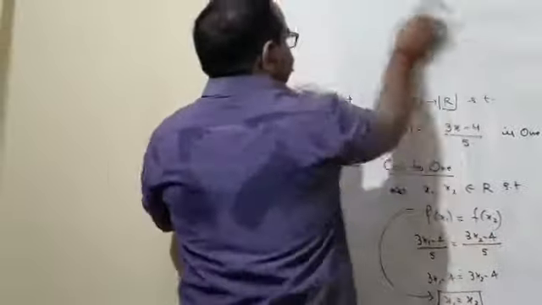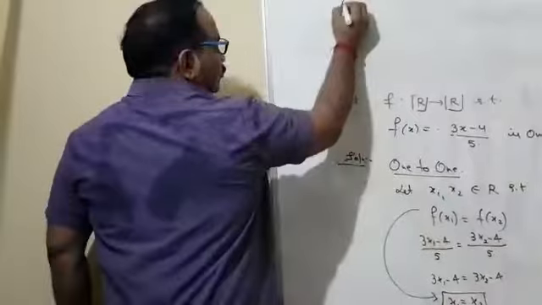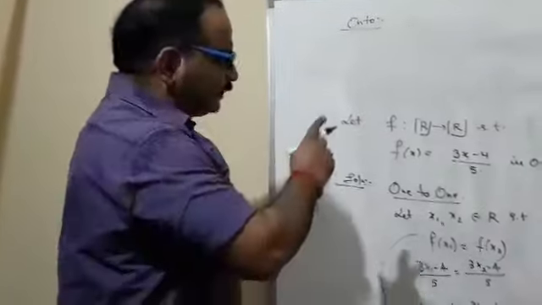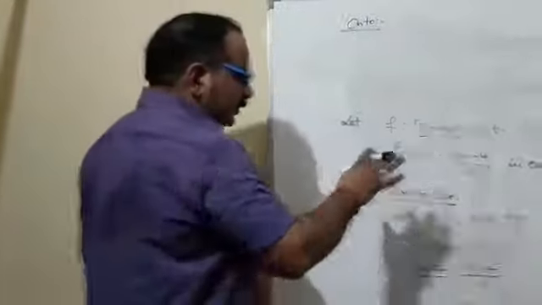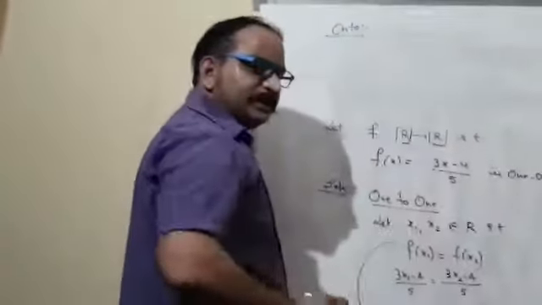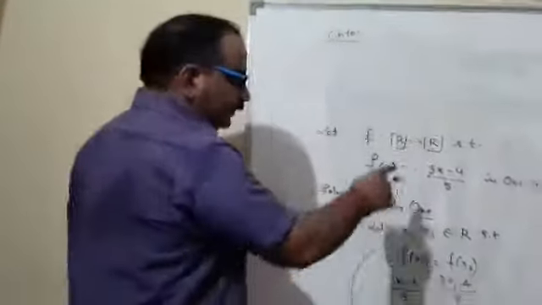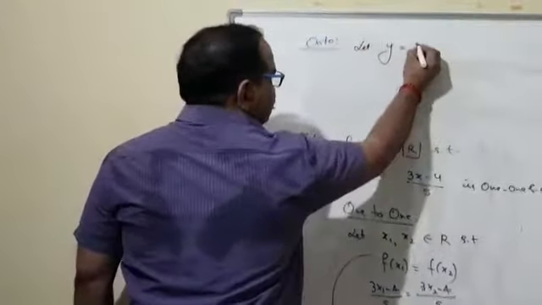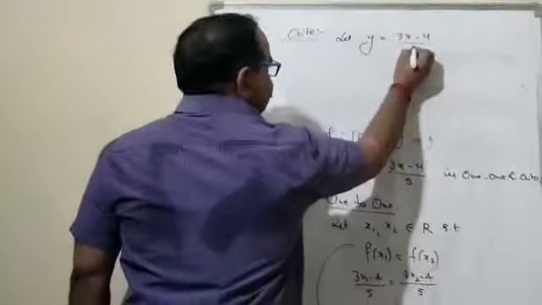Next component, onto mapping. In case of onto, again I repeat, I have to find out the domain of the function concerned. In the question itself, the second component is the codomain, and our job is to find out the range. So in order to get the range, I take y equals (3x minus 4) by 5.